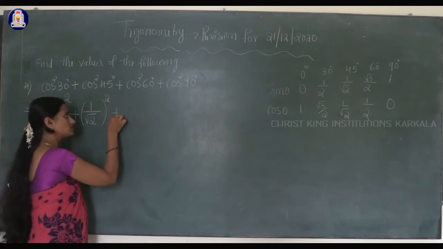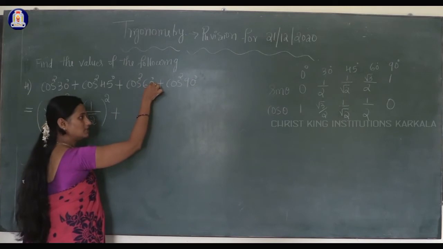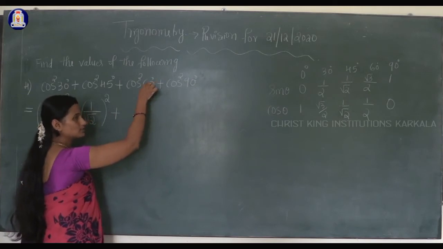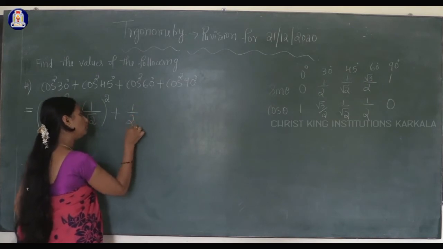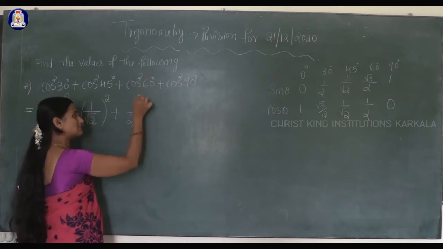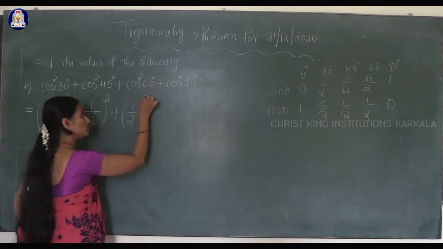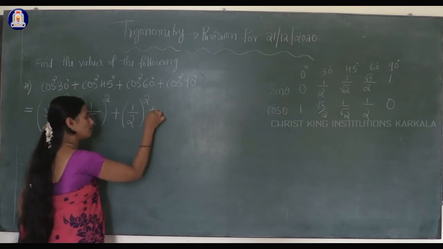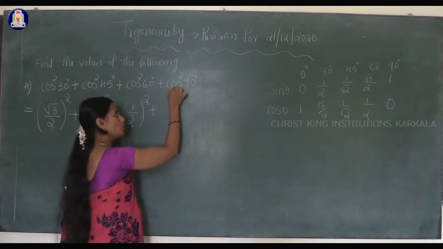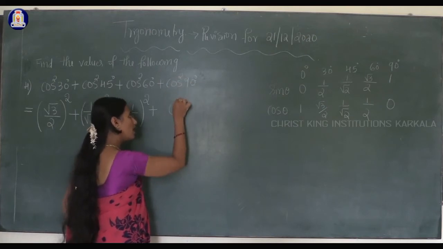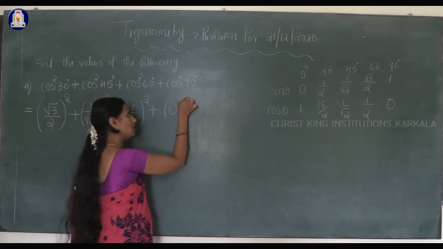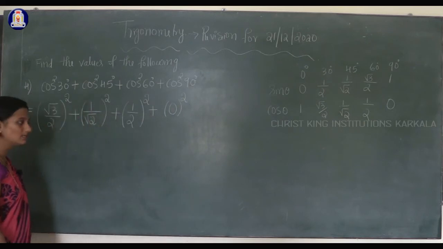Next, plus cos 60. What is the value of cos 60? 1 by 2, but cos square 60 is 1 by 2 whole square, plus cos 90 is 0, so cos square 90 is 0 square. Is this clear?